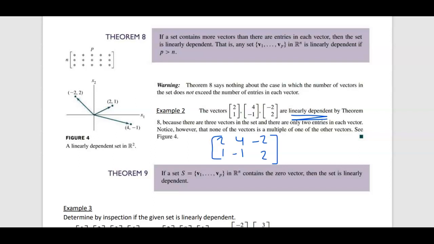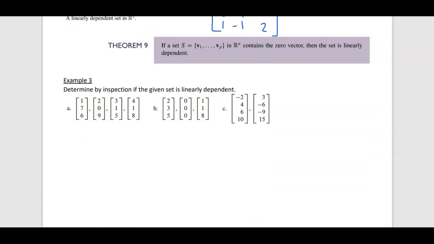So there's going to be a way to write one of those vectors in terms of the other. If a set contains the 0 vector, then the set must be linearly dependent.